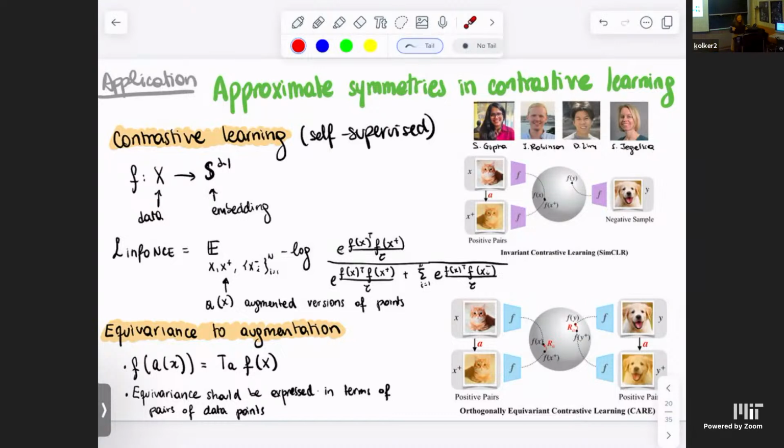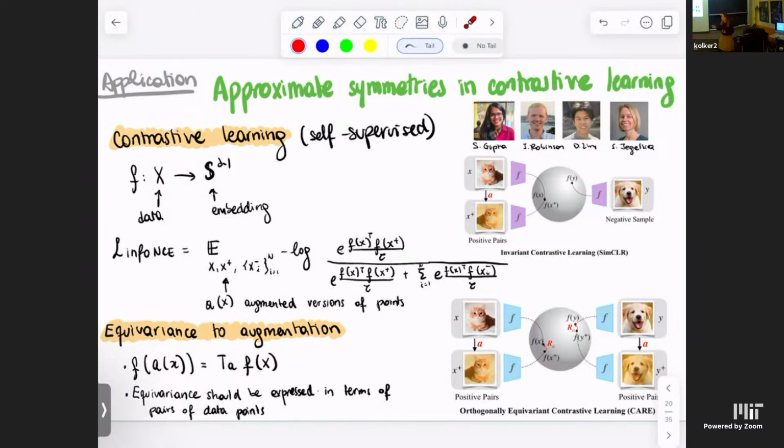The classical SimCLR approach is to make it invariant with respect to these augmentations, and they have a loss function that implements this contrastive loss. What Sharut and collaborators' idea was, instead of making it invariant with respect to these augmentations, is to try to make it equivariant.